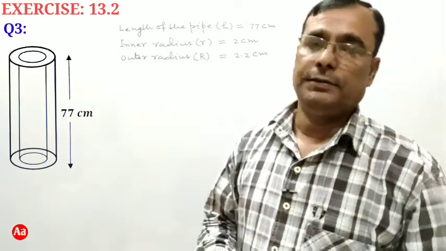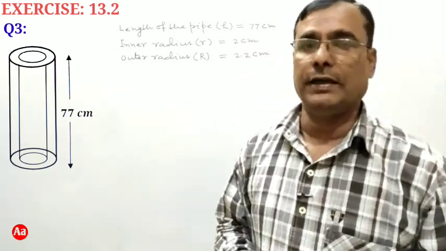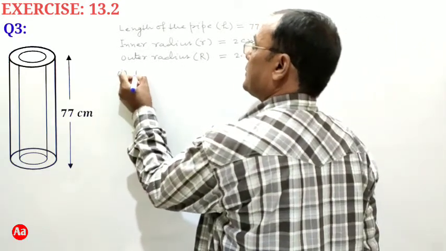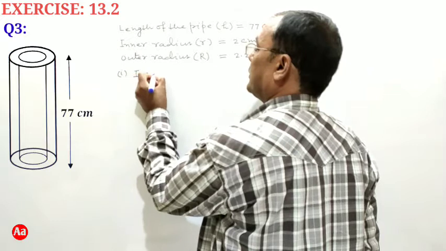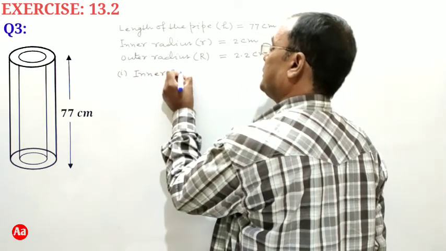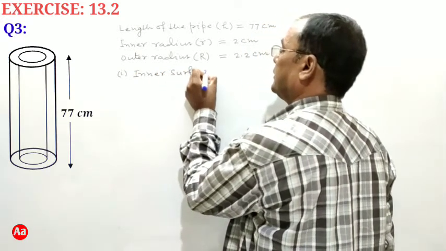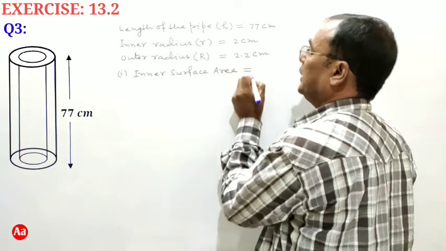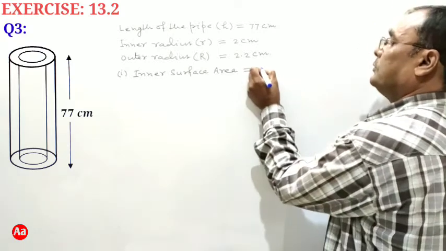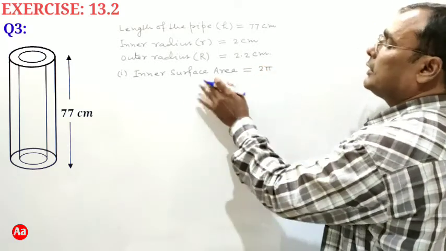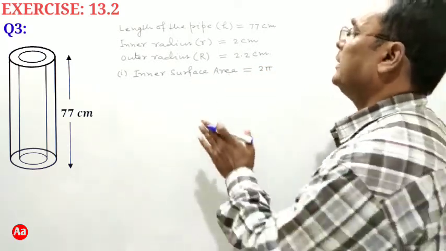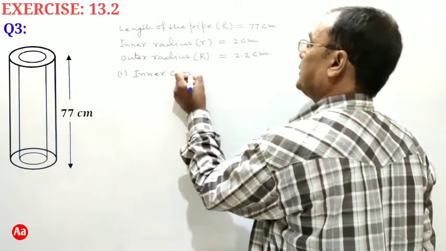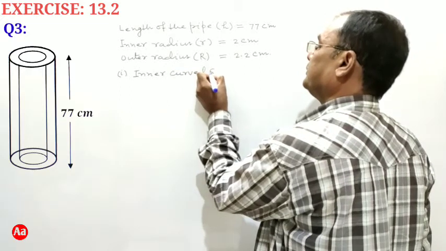Now we have to find first part as inner surface area of the pipe. So let's calculate inner surface area of the pipe, that will be inner curved surface area.